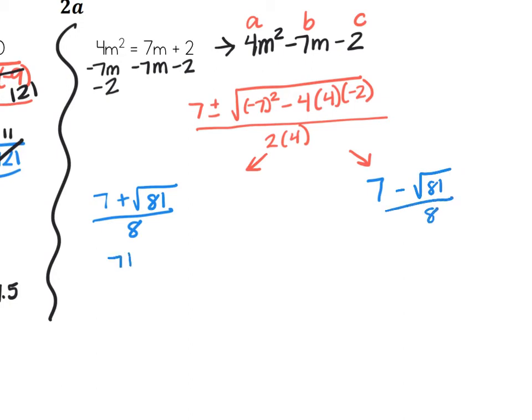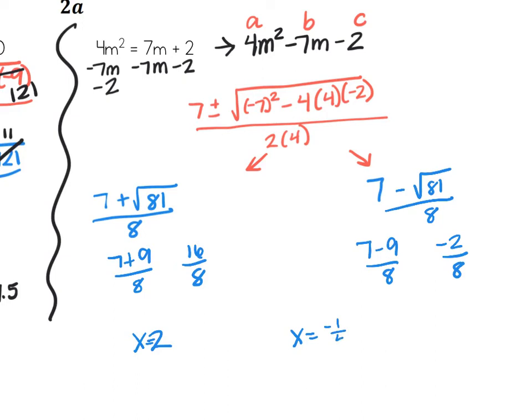So that becomes 7 plus 9 over 8, or 16 over 8. And this becomes 7 minus 9 over 8, or negative 2 over 8. So x is going to equal 2, and x is also going to equal negative 1/4, or negative 0.25.